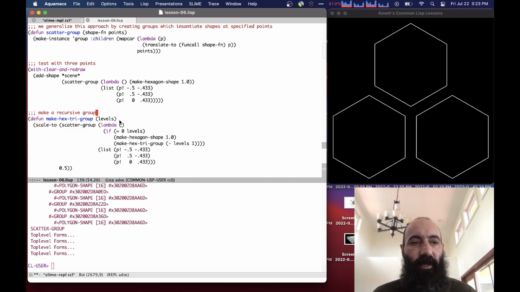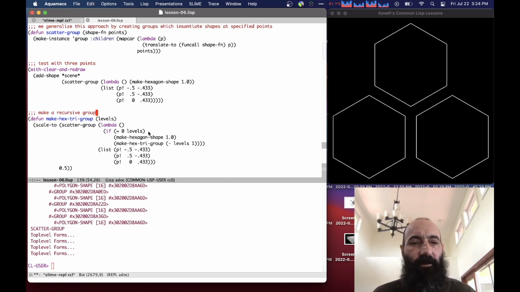And what it does is it calls scatter group with a function to create the shape. And that function is a recursive function. If levels is 0, the terminal case, it just makes 1 hexagon, and then creates copies of that hexagon at these 3 different points. And that's what we currently have here, a hexagon at 3 different points.